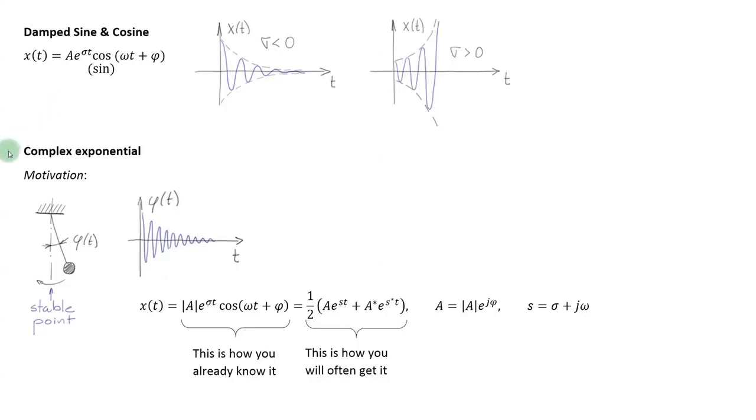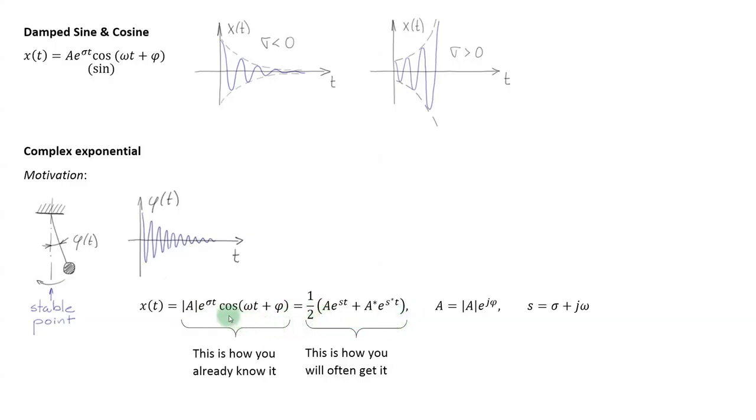Few students have problem with sines, cosines or real exponentials, but what a lot of students do have problem with is the complex exponential. So let me explain that. When we have a pendulum, you can imagine that its behavior can be described like this. Mathematically, you can write that motion using this expression for the damped cosine. However, when I teach you the techniques that will allow you to describe the behavior of LTI systems analytically, you will find that the solution is often not presented to you in this clear form, but in this cryptic form that uses complex exponentials.